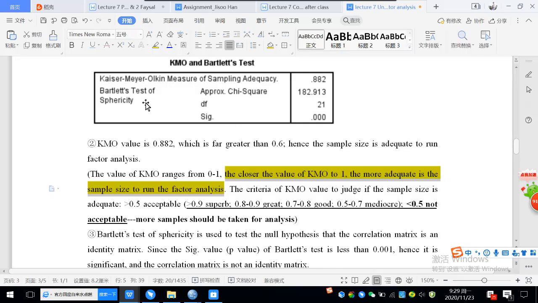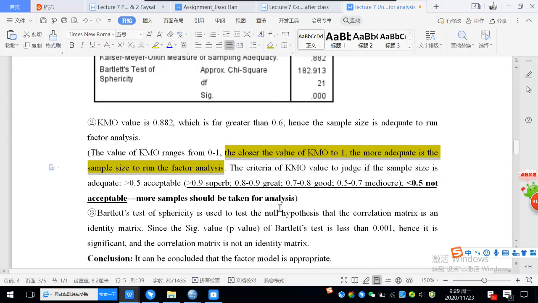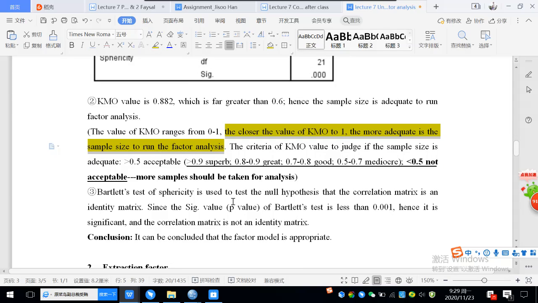Bartlett's test of sphericity is to test if the correlation matrix is an identity matrix. Identity matrix means all the variables have no relationship. They are independent.